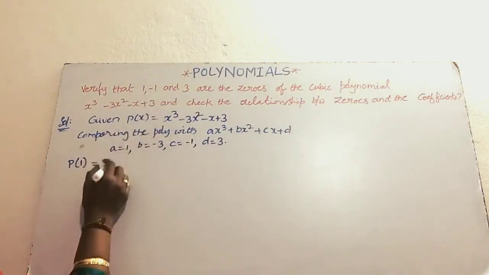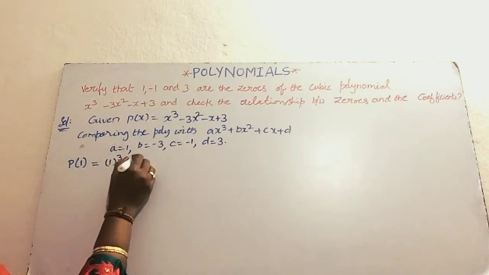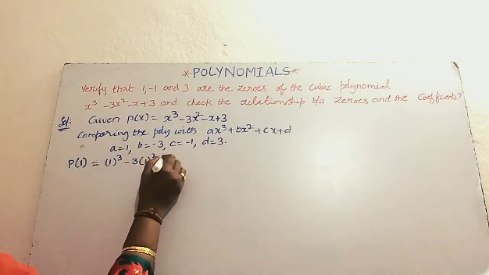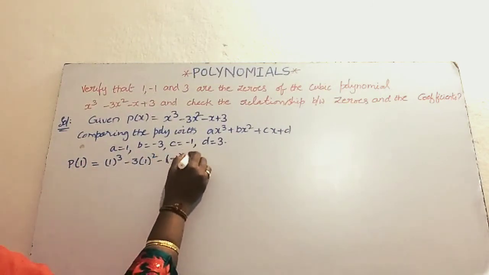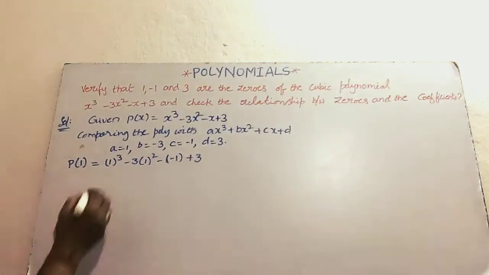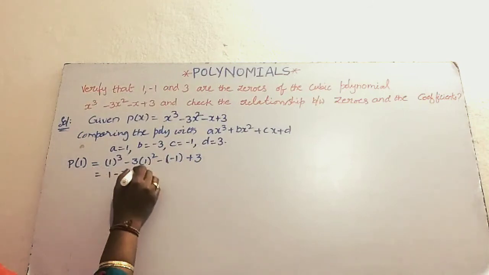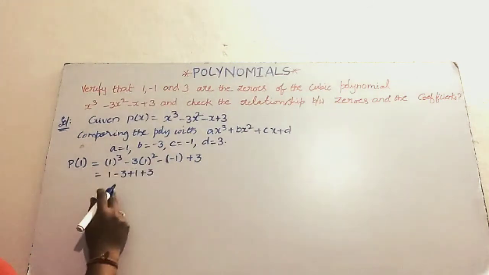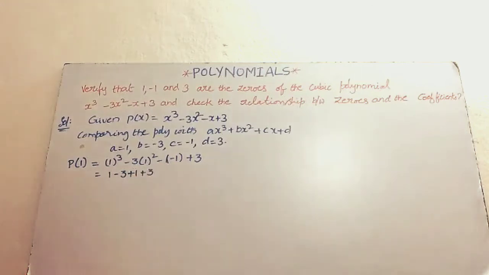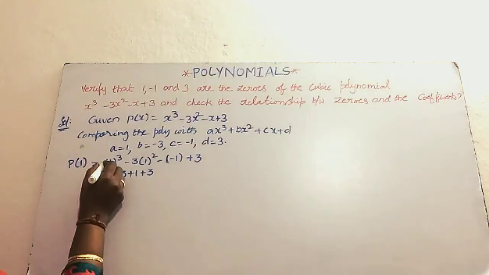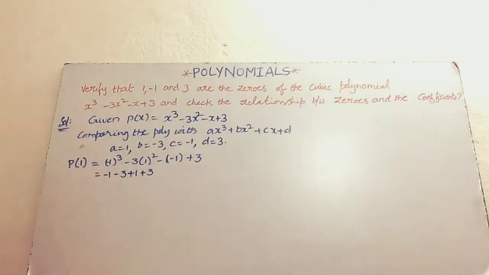So P of 1 is equal to 1 whole cube minus 3 into 1 whole square minus of minus 1 plus 3. That means 1 minus 3 plus 1 plus 3.